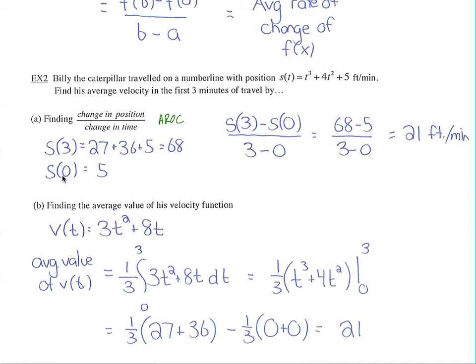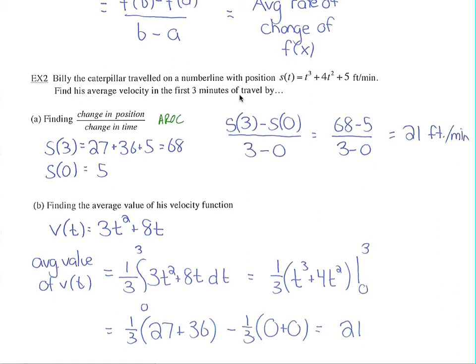At the beginning, at s of 0, the caterpillar was at 5. So his average rate of change was: he went 68 minus 5 feet in 3 minus 0 minutes, or he went 21 feet per minute.